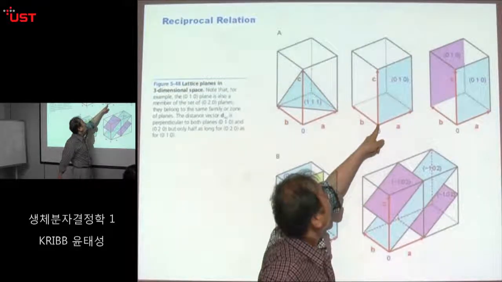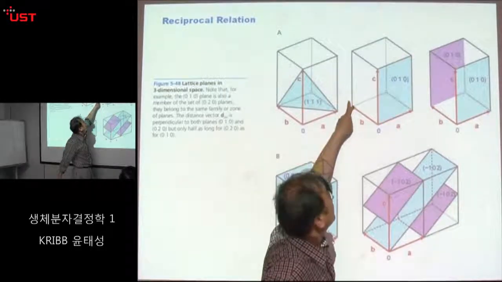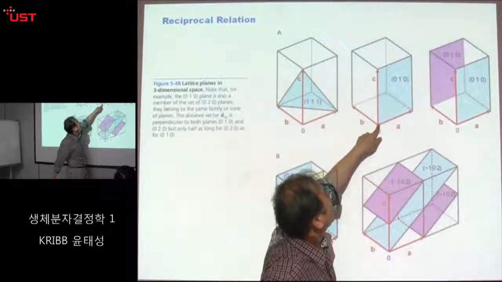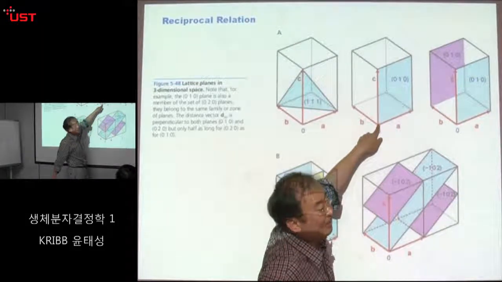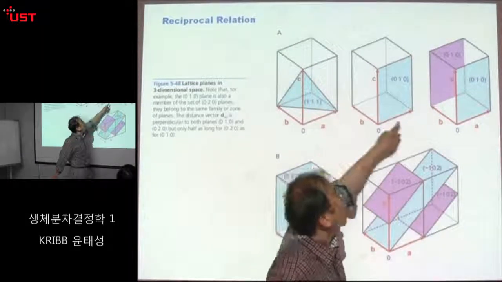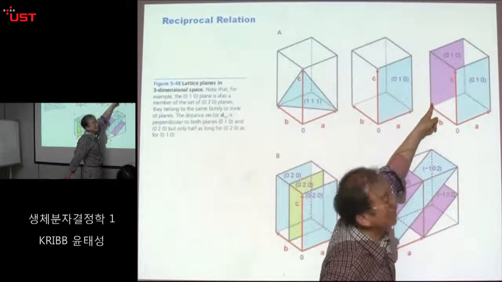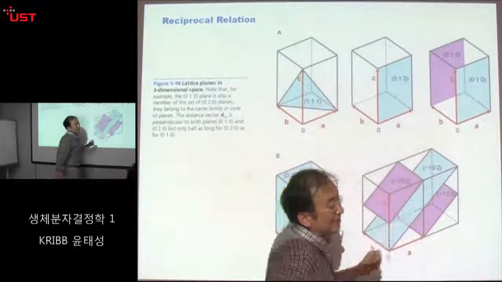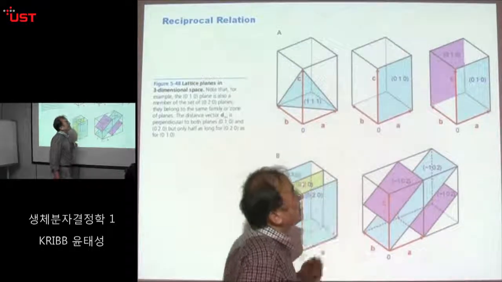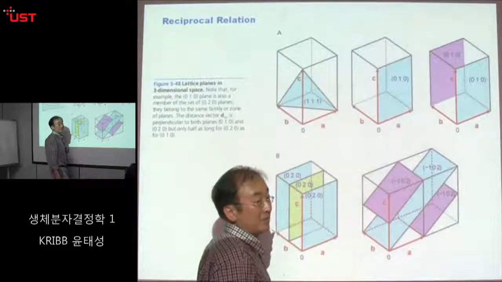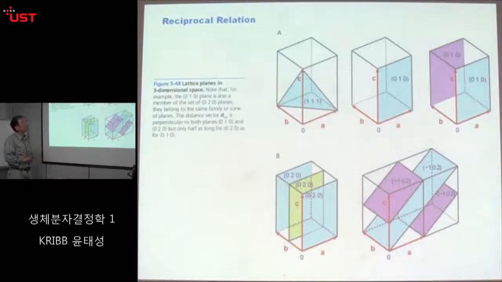And B is 1 there, right? And C is 0 here. A and C collapsed to the origin. And C is there, so it should be here. Not here. Oh, they show the negative side also: negative A, negative B, negative C.